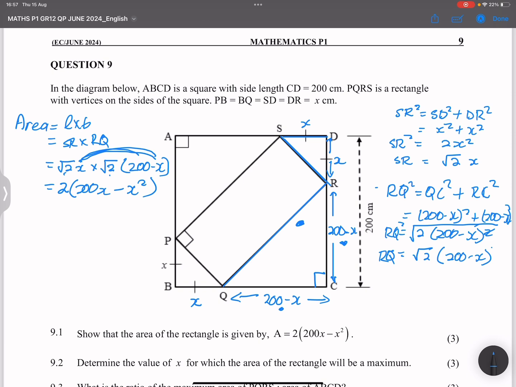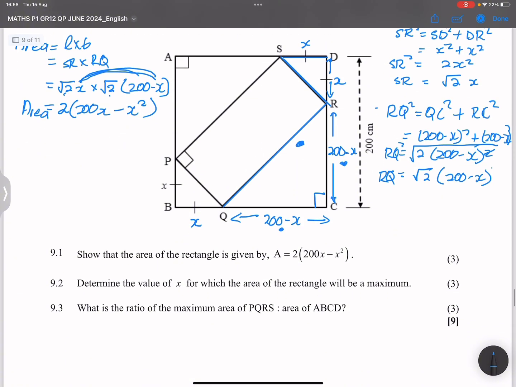And so that is the expression for the area over there. Right, and they say determine the value of x for which the area of the rectangle will be a maximum. Right, so we're looking for maximum area, right? So to maximize the area, we need to take the derivative, okay?